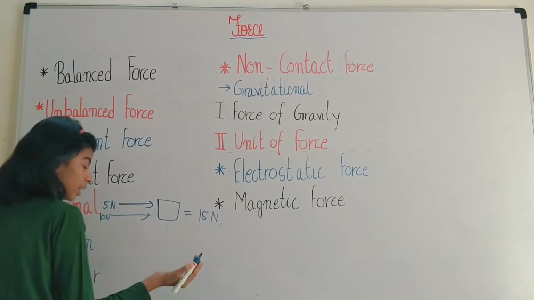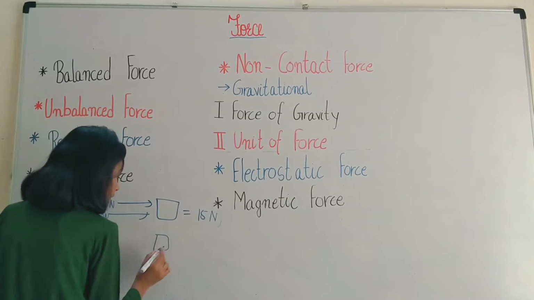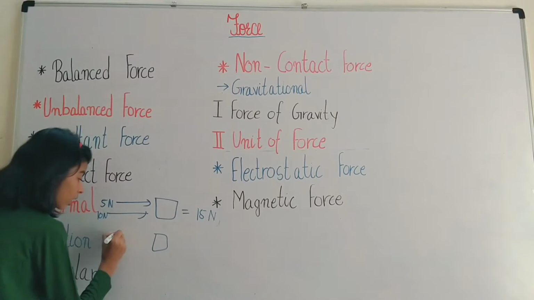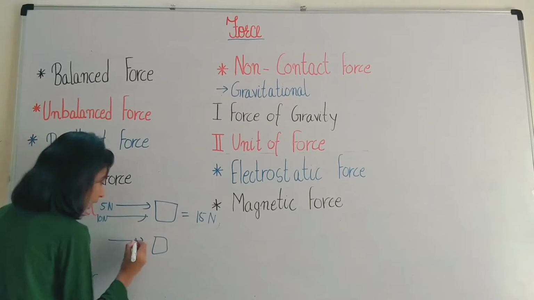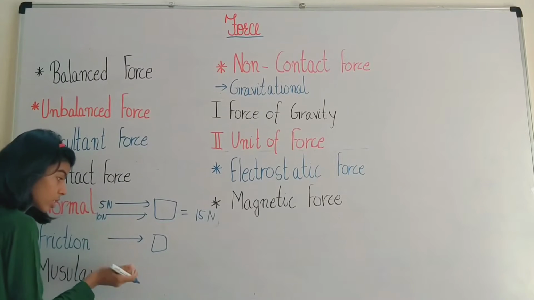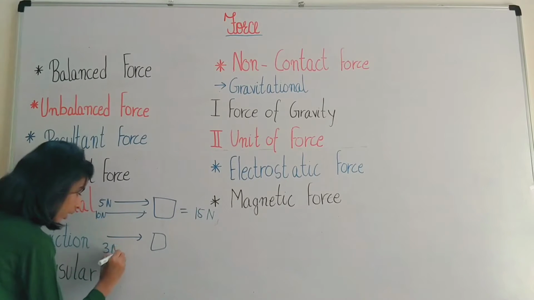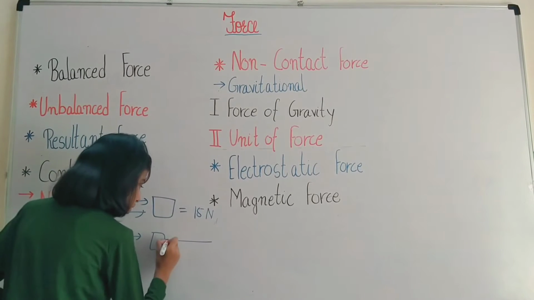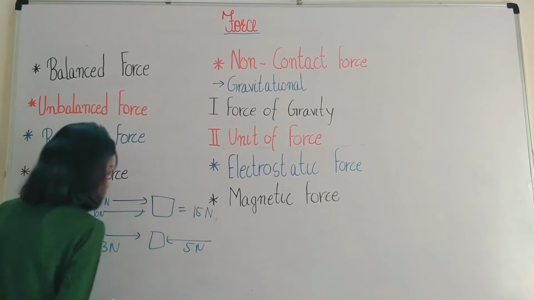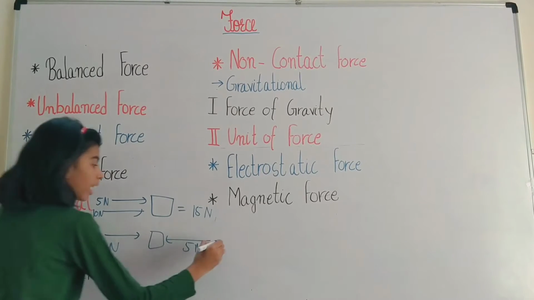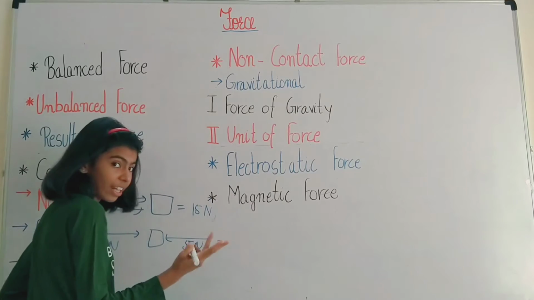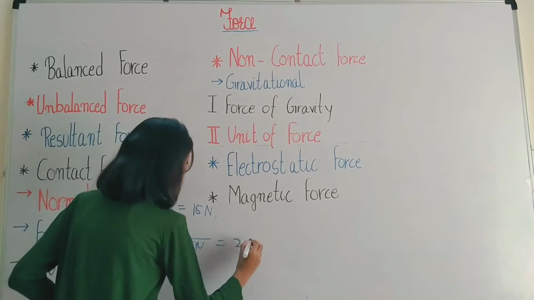Another case can be if there is an object and here a force is of 3 Newton and in this direction a force is of 5 Newton. So we can cancel out and the net force will be 5 minus 3, which is 2 Newton.